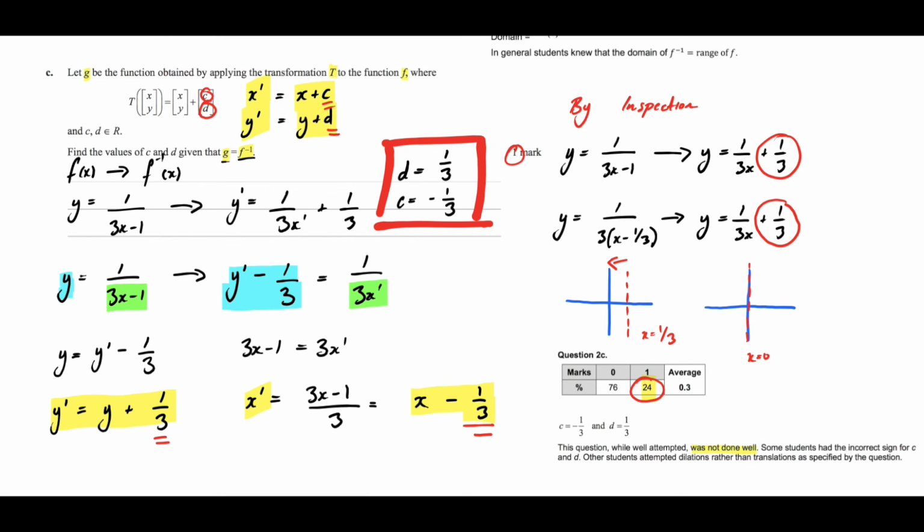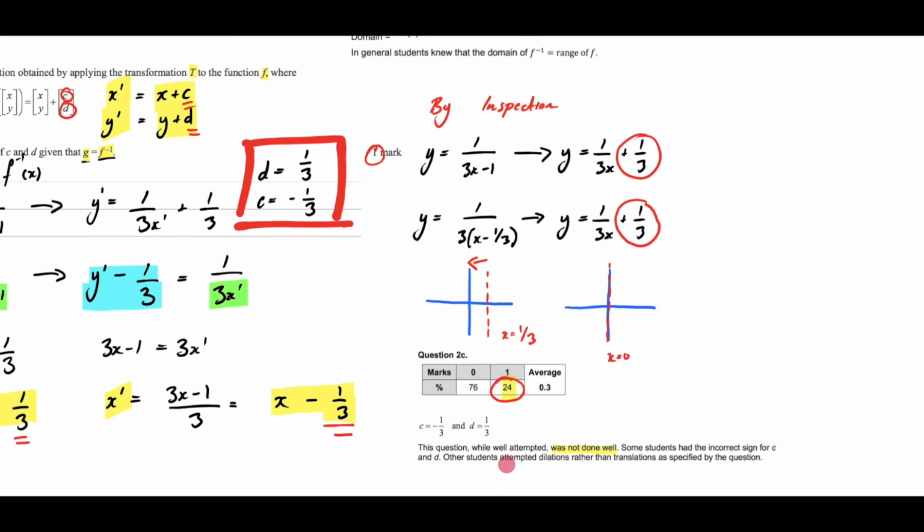The examination report also makes mention of the fact that students attempted dilations rather than the translations as specified by the question. So some students thought that transforming this to this involved a dilation, but in fact that isn't the case. And the way we know that isn't the case is because in front of both of my x's is a 3.